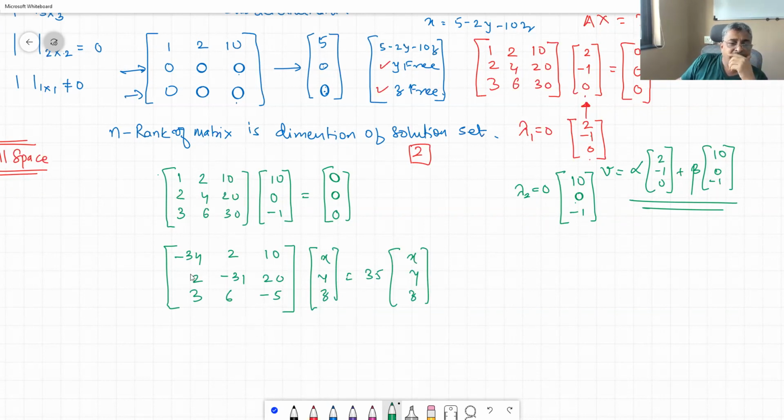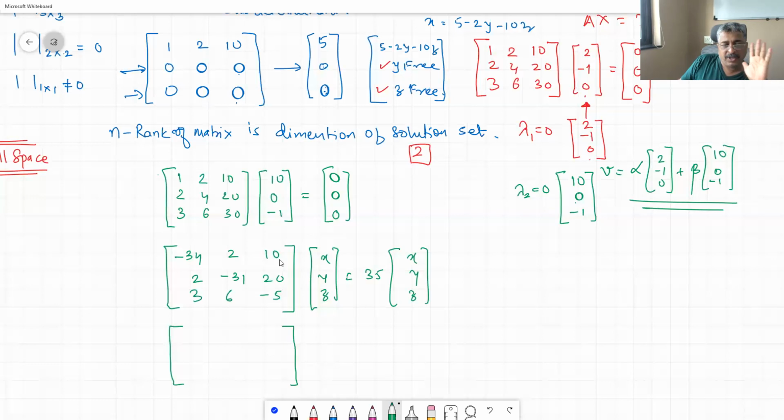So it is a little difficult, so for that you need to do some row reduction here. Once we row reduce it, we will come to know which column vector is to be added in what proportion, so that we get x, y, z, or 35 times x, 35 times y, 35 times z.